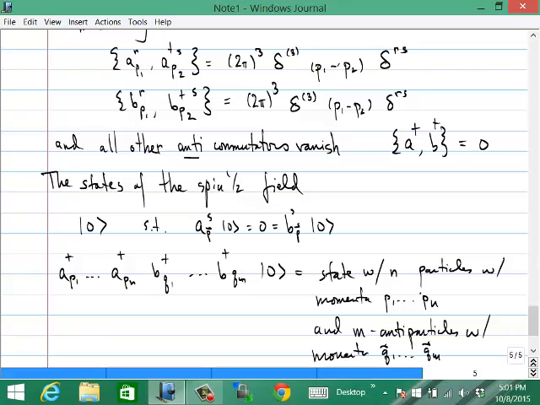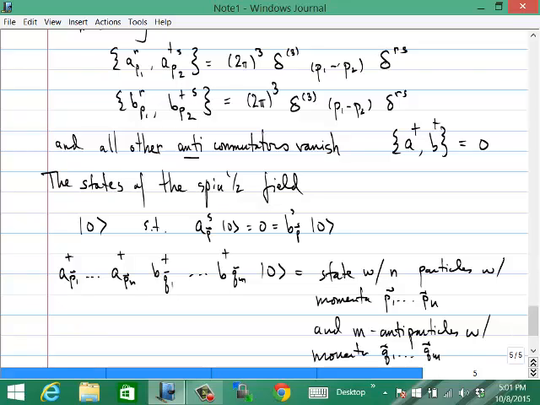And I should really be putting vector symbols on everything. And of course, if any of the p_i's is equal to any of the other p_i's, then this state is just 0 because of the Pauli exclusion principle.